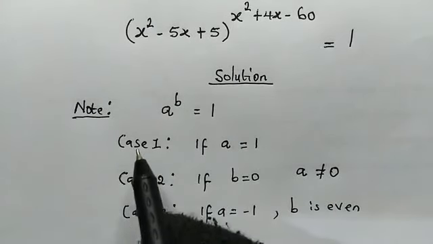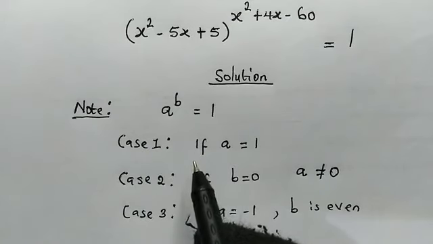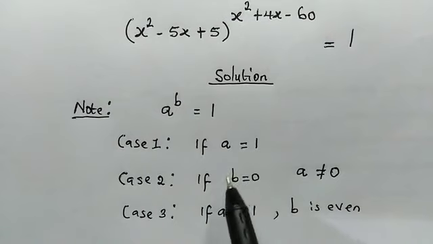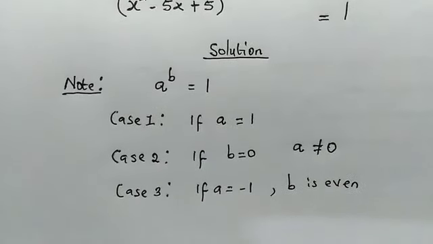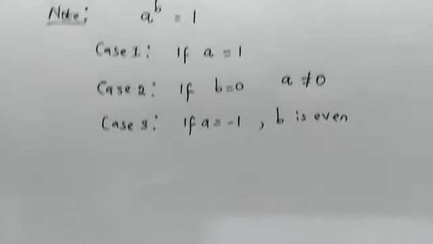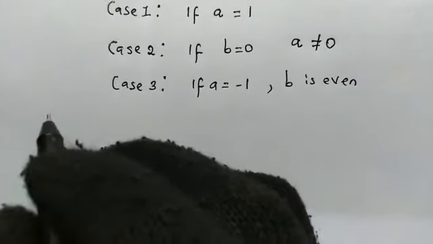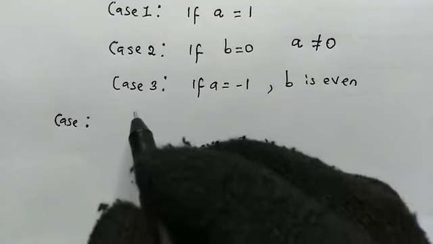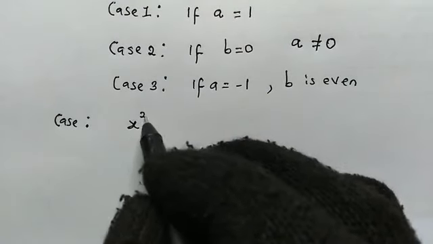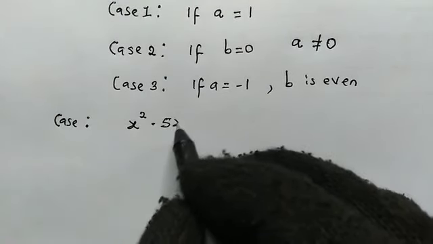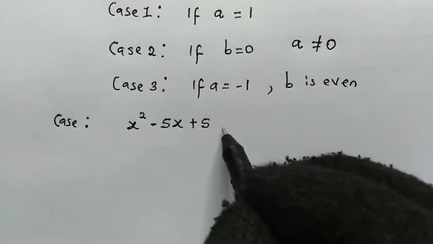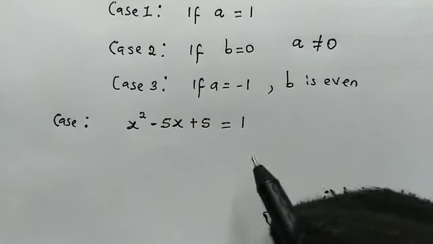Now we're going to make use of case 1, where we set the base equal to 1 and then solve for x. So in our case 1, we set the base, which is x squared minus 5x plus 5, equal to 1.